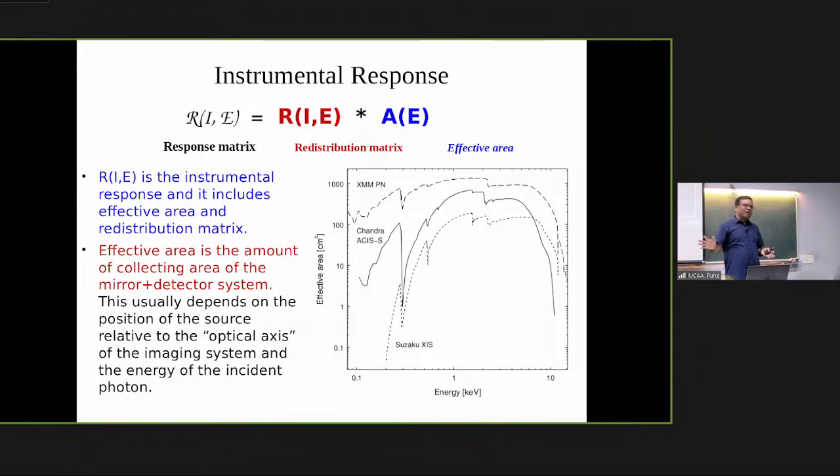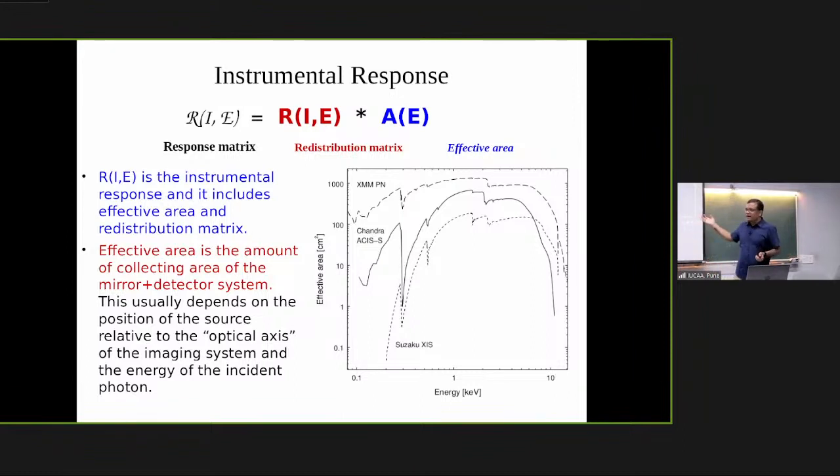So the product of all these things, whichever affect the detection or the collection of photons, is called the effective area. And here are some examples of the effective area. It's a function of energy. If it were just a mirror reflecting everything with no energy dependence, it would be flat.